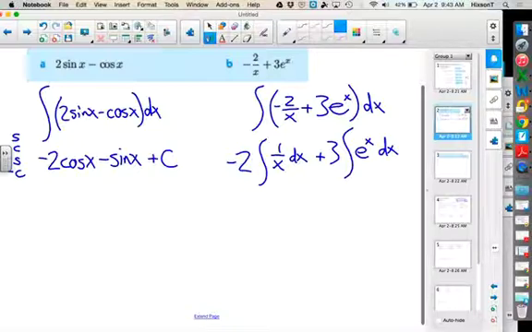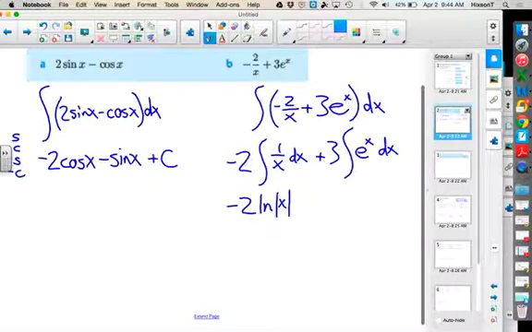Okay? So, once you break it down there, then it's just a matter of, okay, what was that rule? What's the rule for 1 over x? Natural log of the absolute value of x. Good, natural log of the absolute value of x. So it's negative 2 times the natural log of the absolute value of x.